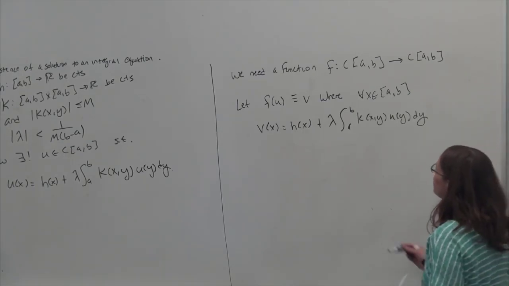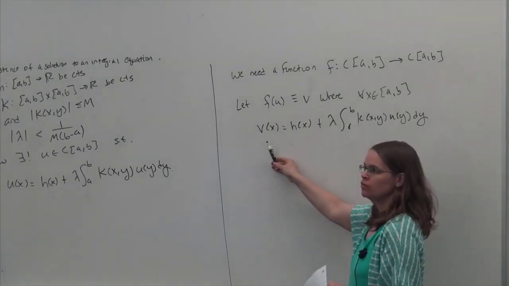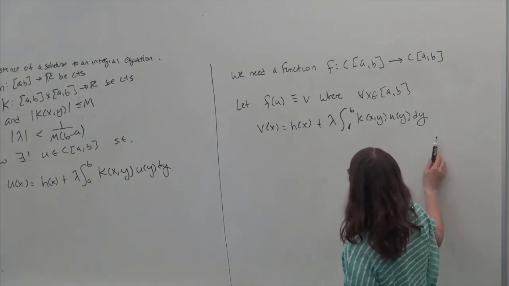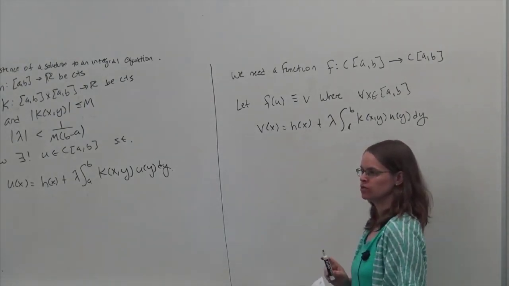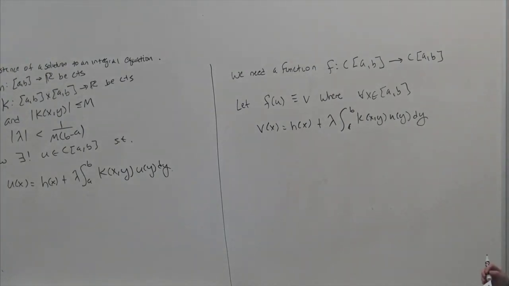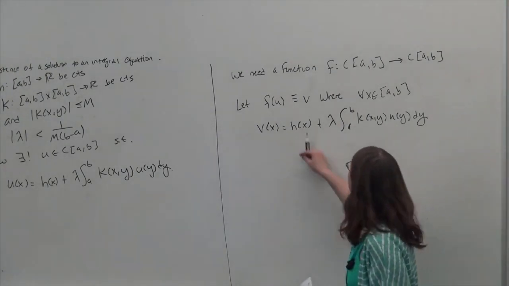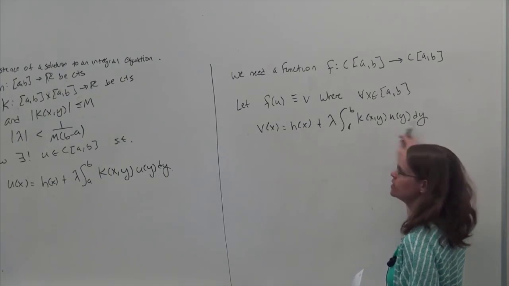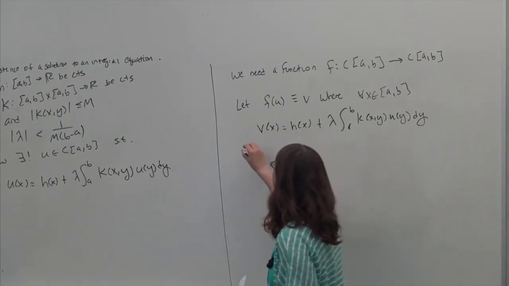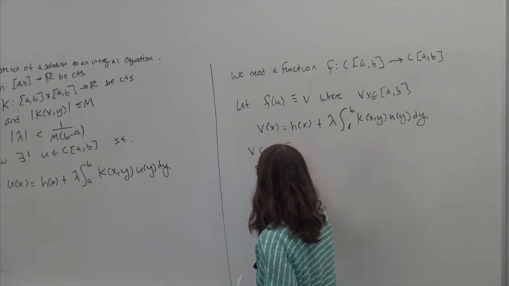So again, v is a function of u. You give me a different continuous function, I spit out a different new continuous function. And this is still a continuous function. I started with h being continuous, everything in here is continuous. This is going to preserve continuity. So indeed, v is still a continuous function.